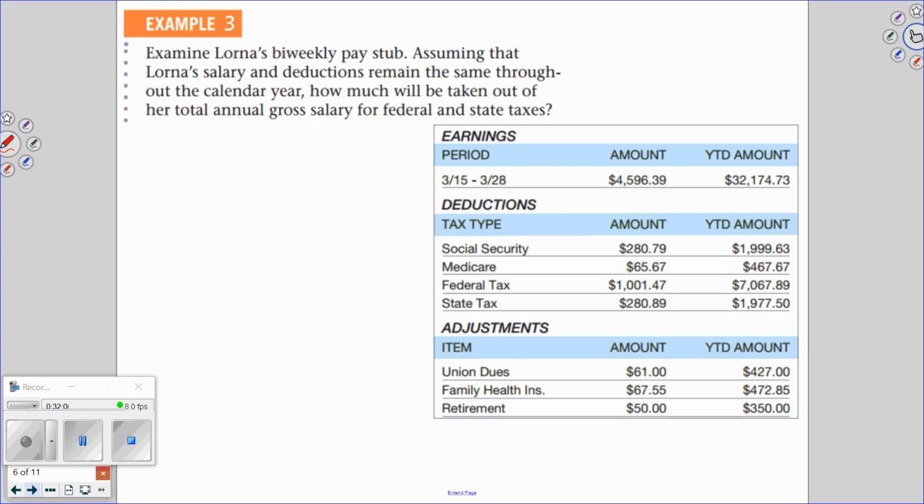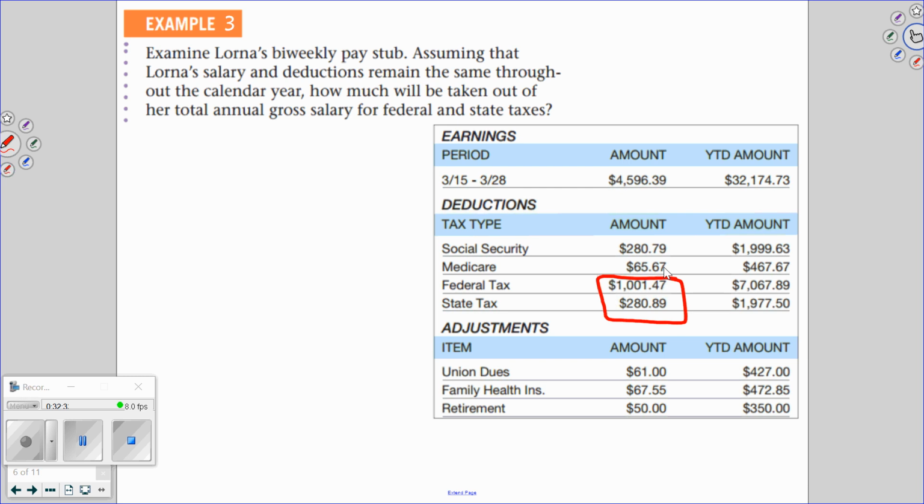All right, so the question asked, assuming her salary and deductions remain the same, how much will be taken out of her total annual gross salary for federal and state? So what's the only part I have to look at? Federal and state. Do I want for this pay period or so far this year? This pay period. So for this pay period, hold on, because this is asking for the entire year.